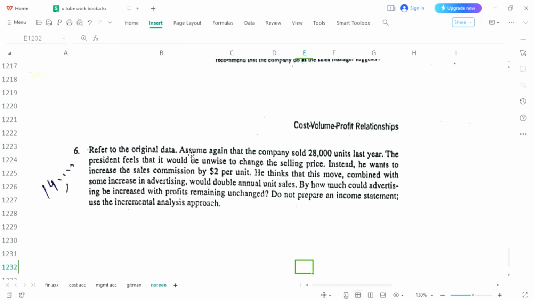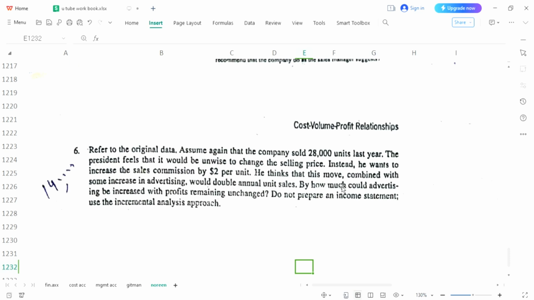It means whatever we have done in 1, 2, 3, 4, 5, we are not related with, and we are going to change the whole original data according to the number 6 statement. Assume again that the company sold 28,000 units last year. The president feels it would be unwise to change the selling price, as we did in the fifth part. Now the president says do not change the sale price, instead he wants to increase the sales commission by 2 per unit, which is a variable cost.